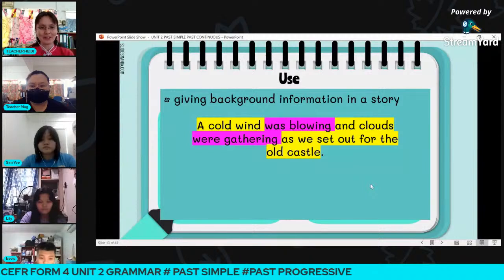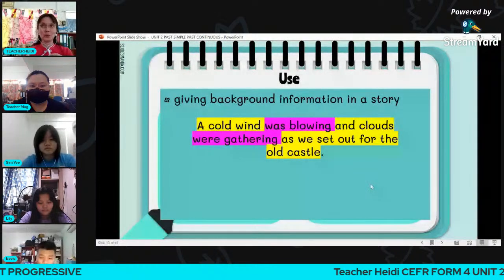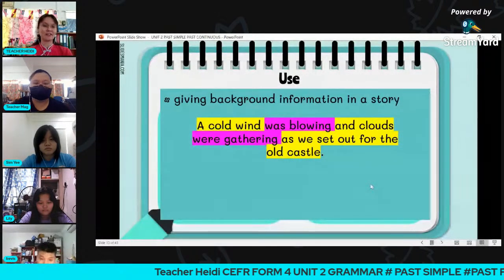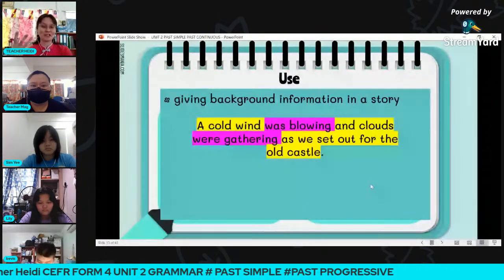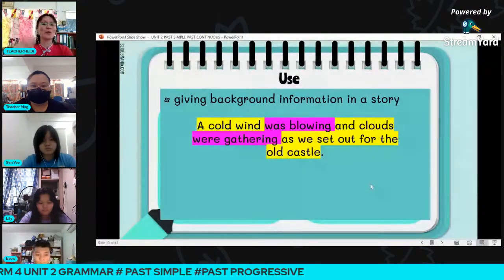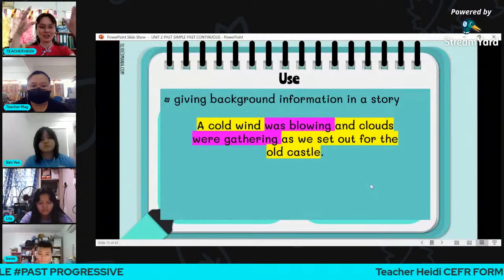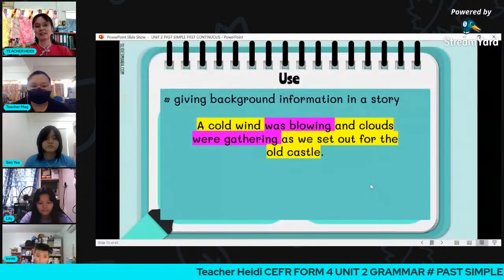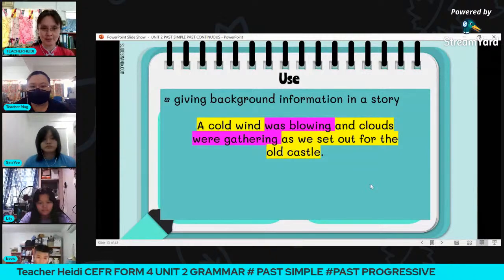Normally, depending on your story approach, if you want to bring the reader into the story, they'll try to use the in progress so that it seems like it is still happening. So when you read the story, you can imagine the cold wind blowing and the clouds gathering. So yes, it's background information in a story.